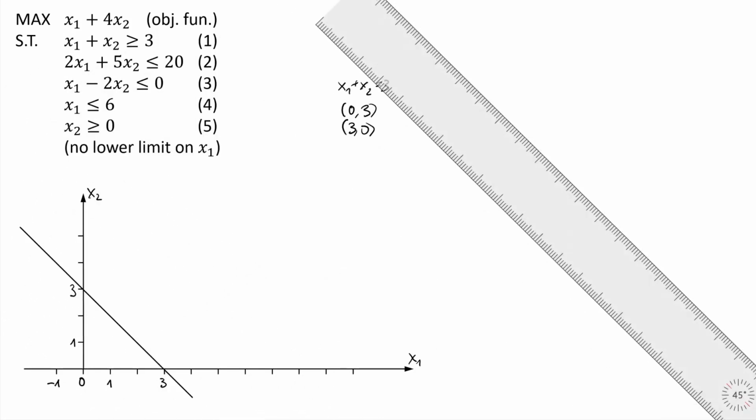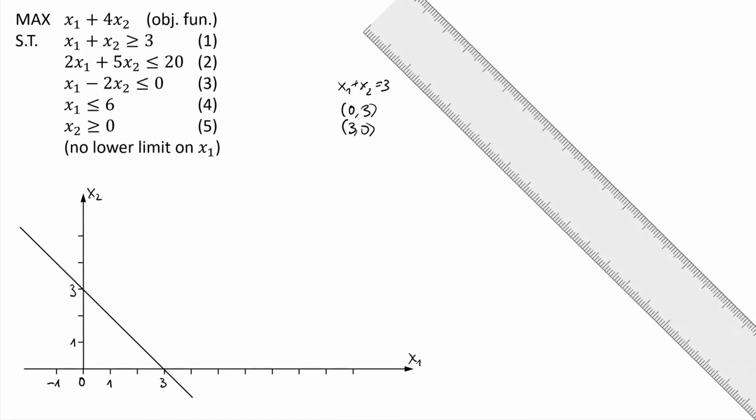So this is the line where x1 plus x2 is equal to 3. Now if I want greater than or equal in this constraint, then I need points that are above the line and to the right.